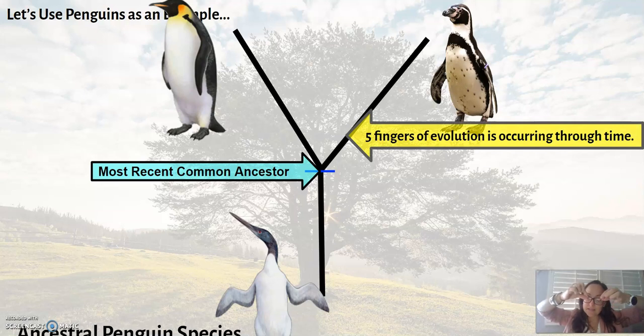However, once you have these lines separated, they represent time. As you go through time, from the past to the more recent and to the present, you have mutations, genetic drift, natural selection, you have evolution happening along that time.